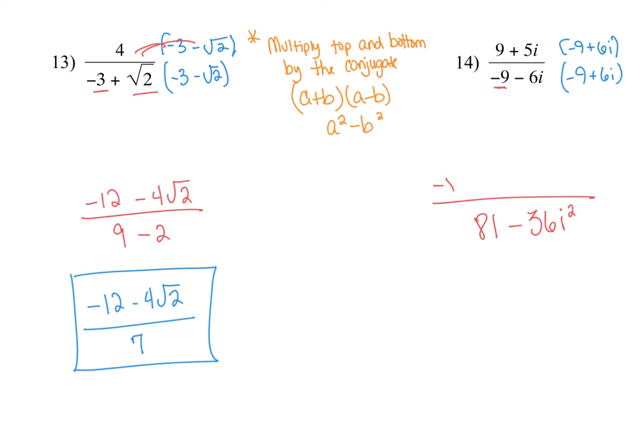I'm going to multiply across 9 times -9, 9 times 6i, 5i times -9, and 5i times 6i. What is i squared? Who remembers? -1. Right, so this plus 30i squared is minus 30. This minus 36i squared is plus 36. And then I am just going to simplify those.